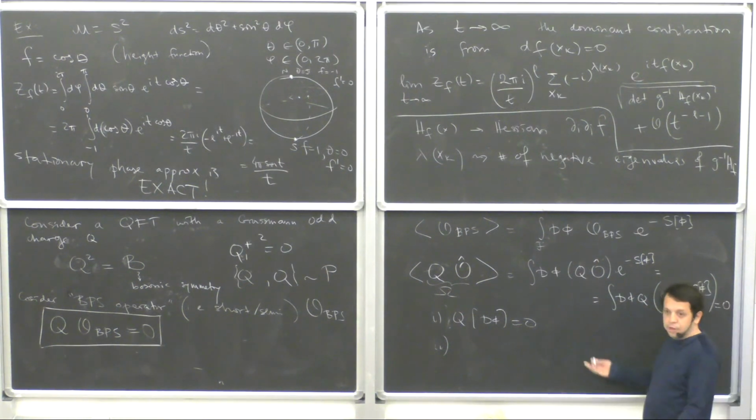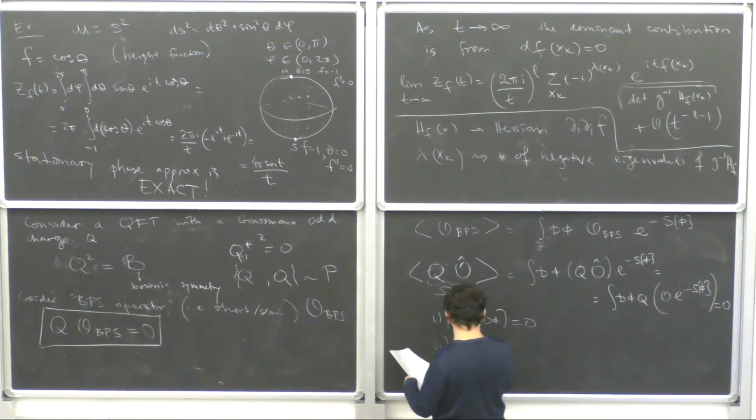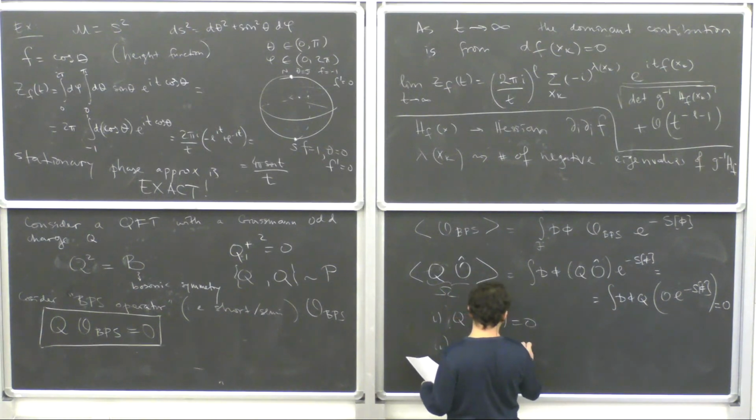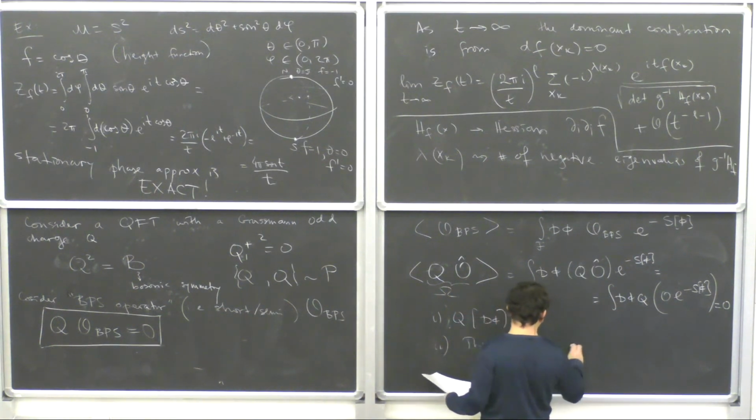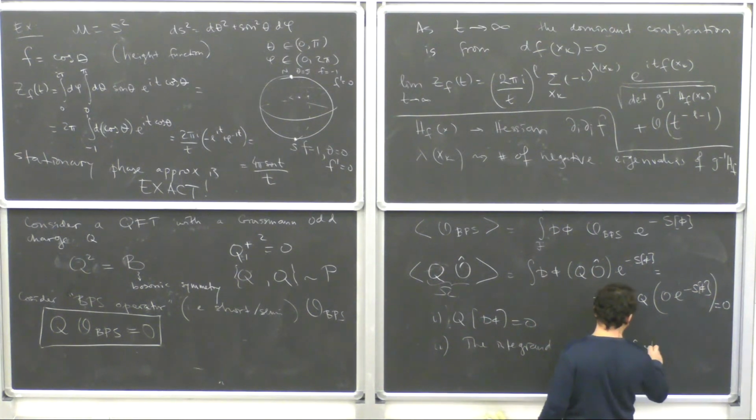And then the final thing I'm assuming is that this object decays fast enough in field space. I'm doing an integral over field space, so I'm assuming that for large values of the fields, this is somehow suppressed. So the integrand falls off fast enough.